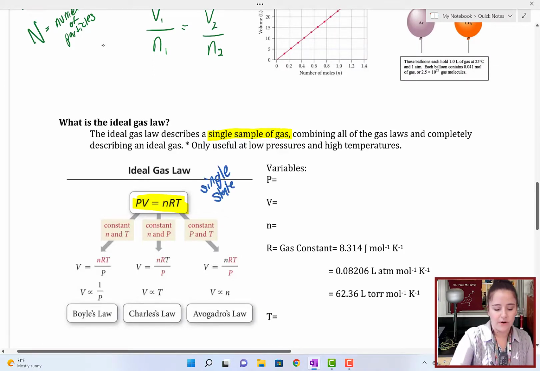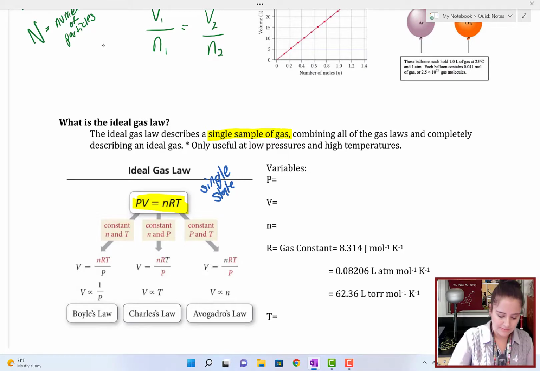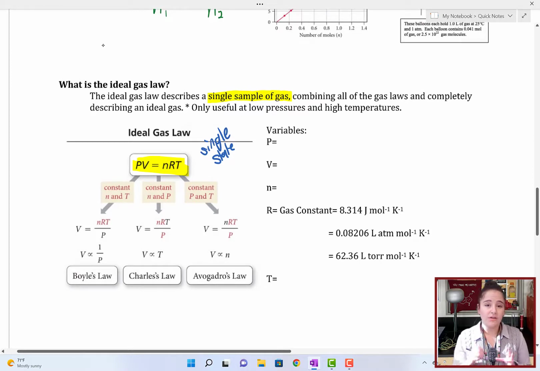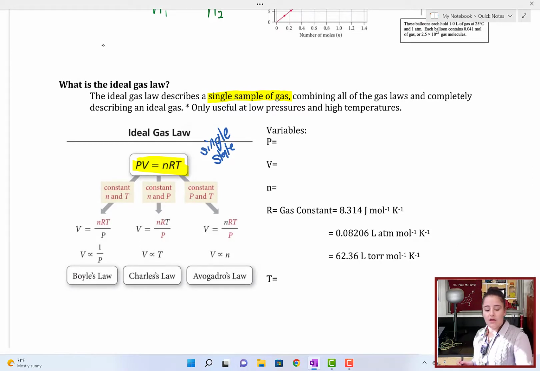Now this is for a gas in a single state. You would not use this whole equation if the gas were changing. Depending on what's changing is how we might set up different properties of it. Like if n and T are constant, then nRT would be a constant.